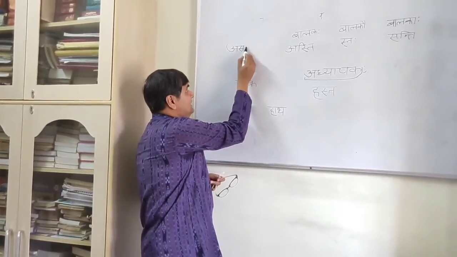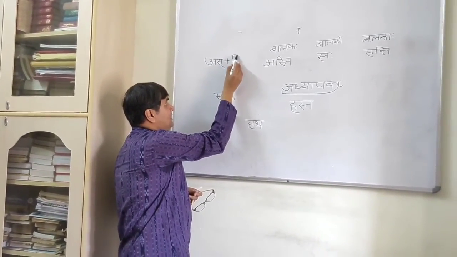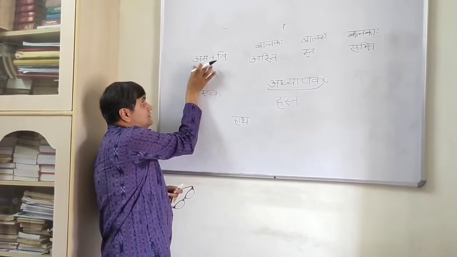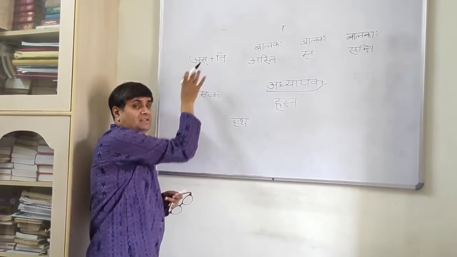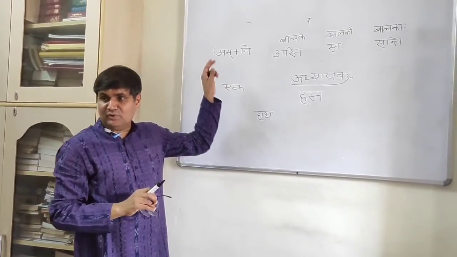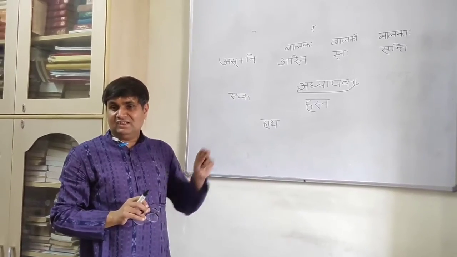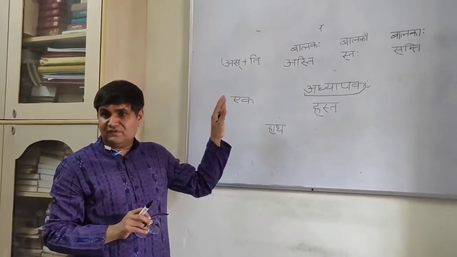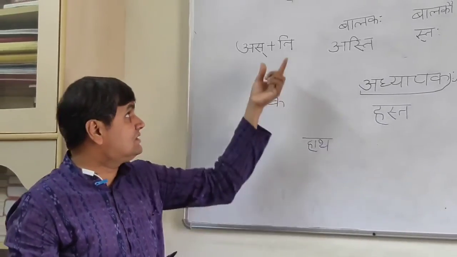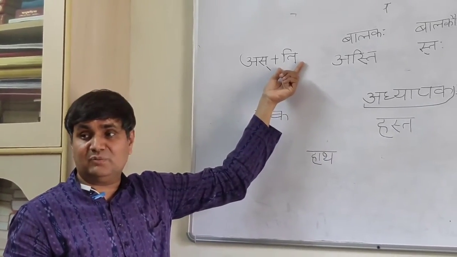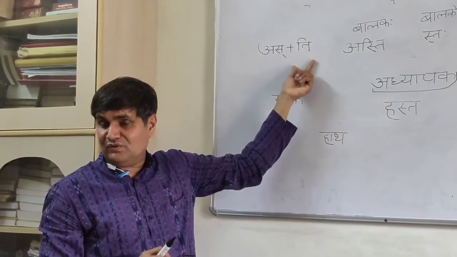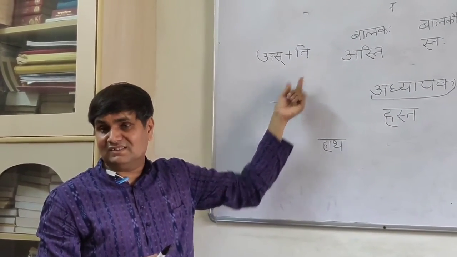And ti is the verbal ending. What does this component refer to? This component refers to the notion of existence. Okay? And this component, the verbal ending component, refers to the notion of oneness.